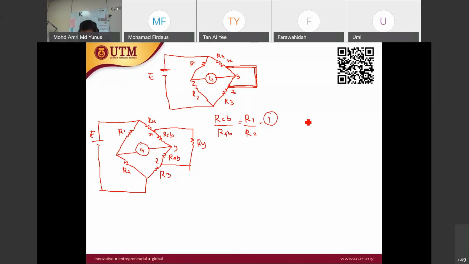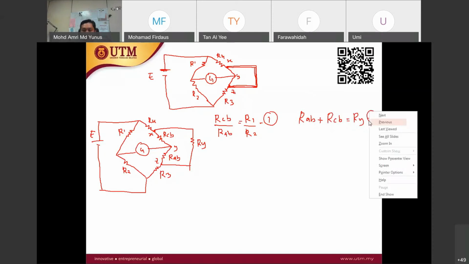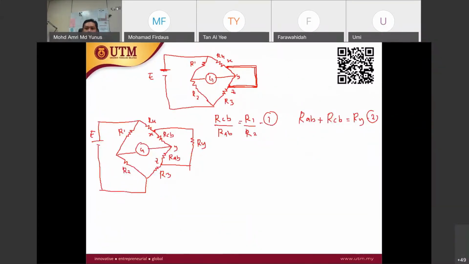And then RAB plus RCB is equivalent to RY. So this is the second relationship: RAB plus RCB equivalent to RY.